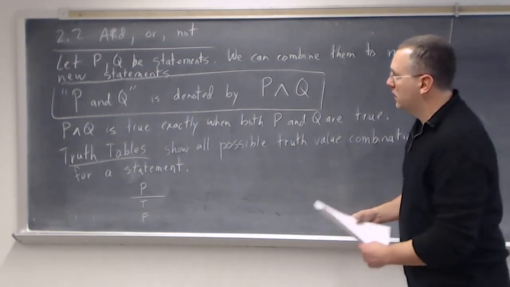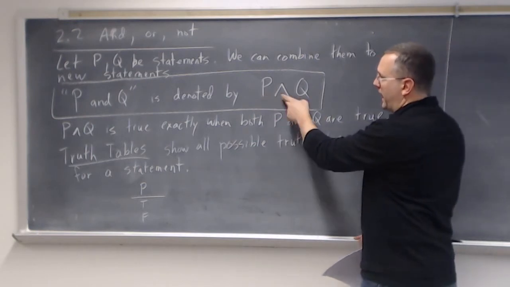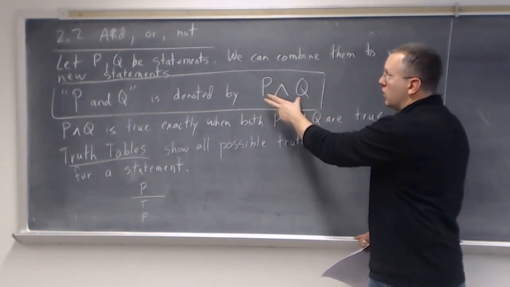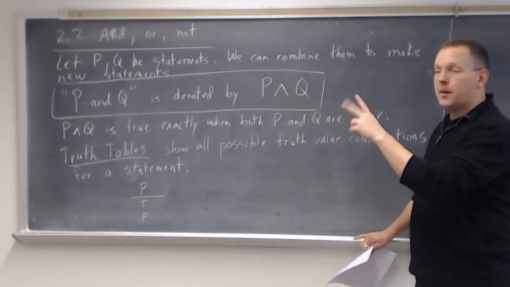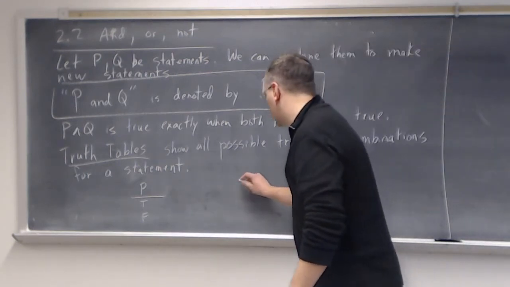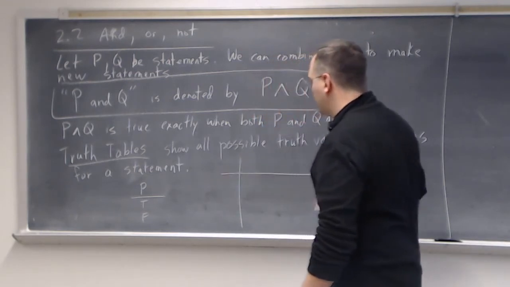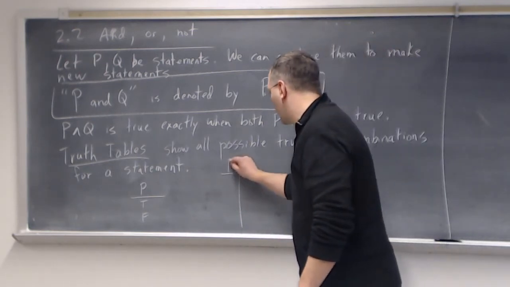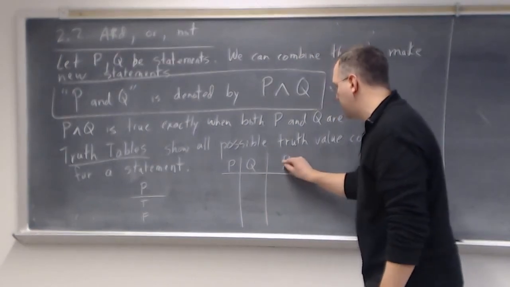Now if you have two statements combined, like P and Q, there are two values for P and two values for Q, so there are 2 times 2, 4 possible combinations of true and false. Here's how you would write the truth table for P and Q. We'll have a truth table with four rows. We'll start with P, then Q, and then the combination P and Q.